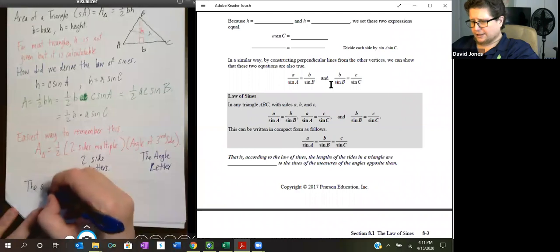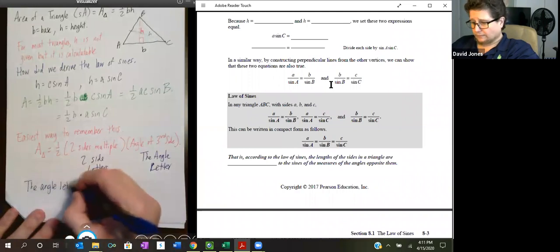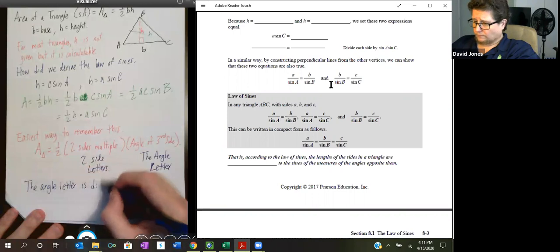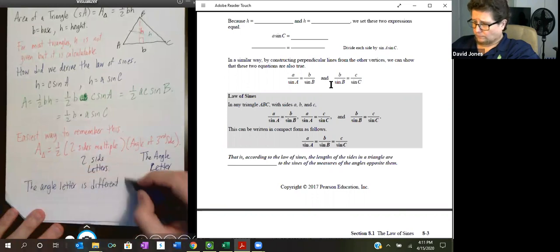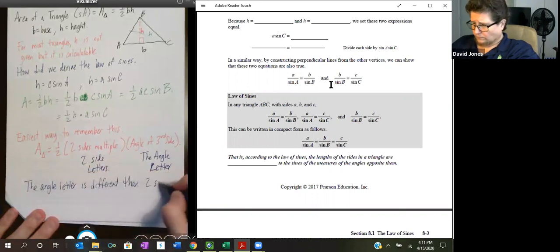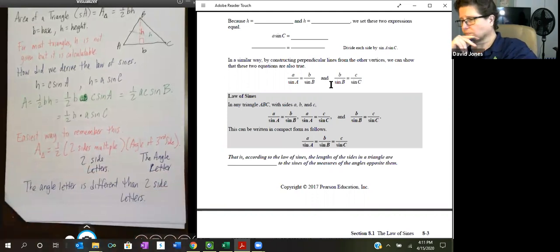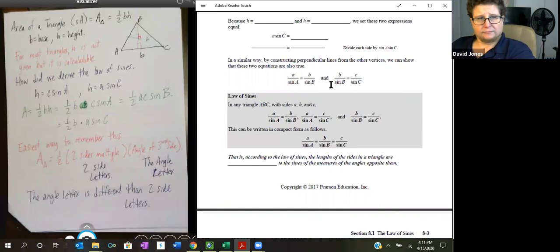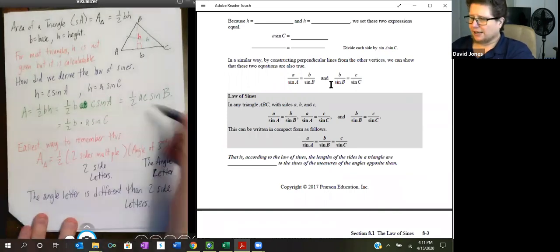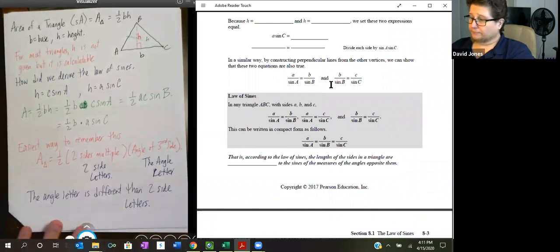The angle letter is different than the two side letters. Whichever one you choose here is all about how you orient them.